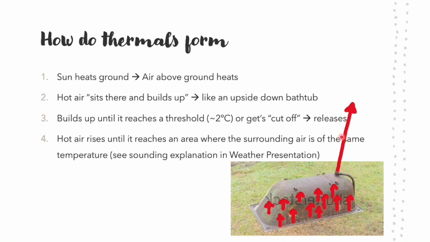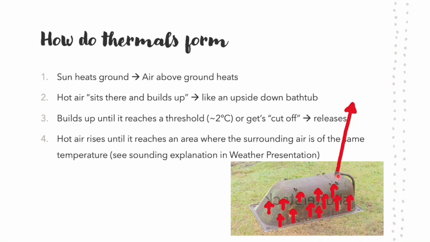Then it's the question of, is there enough heat in this bathtub, when it starts emptying through that plug, does the sun heat up that field fast enough for this to become like a continuous stream?